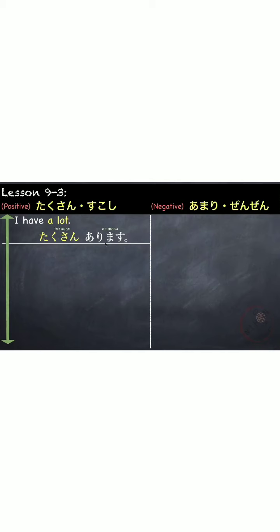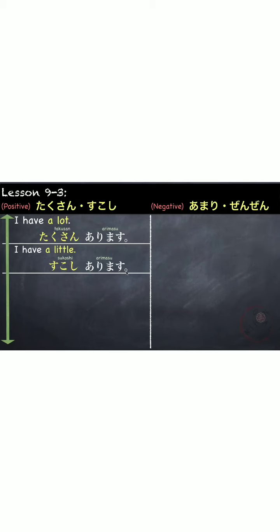Less than that is I have a little. So we learned from the previous slide the word 少し. So here we are also going to use 少し for a little. 少しあります。I have a little.